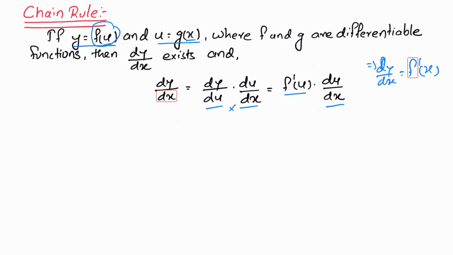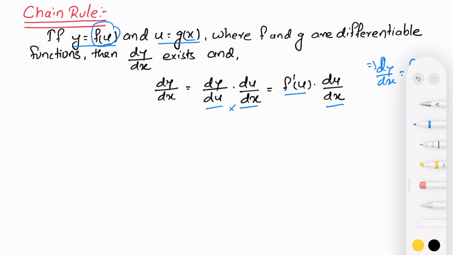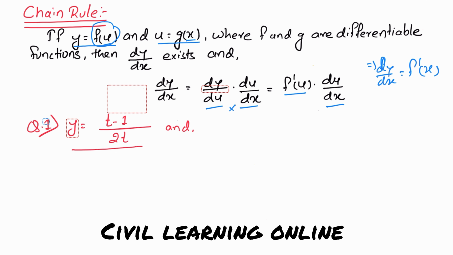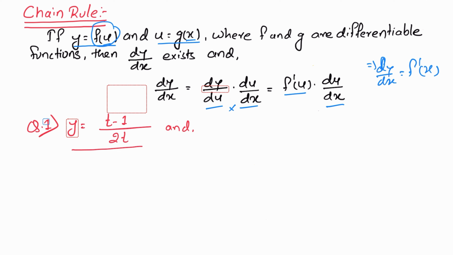Now let's see some numerical examples. Talking about the first example, question number 1: y equals t minus 1 upon 2t, which means y is a function in terms of t.